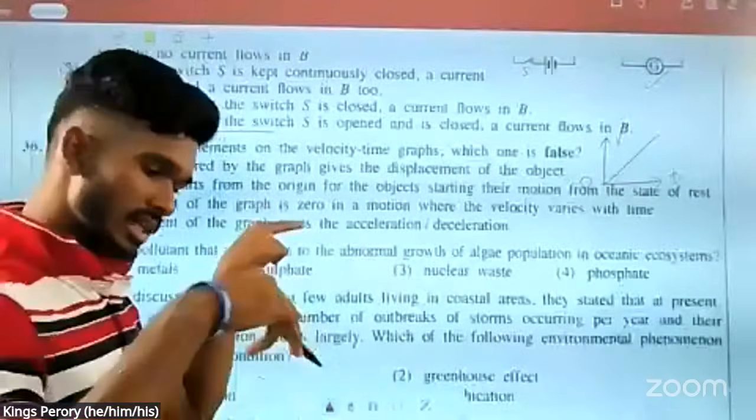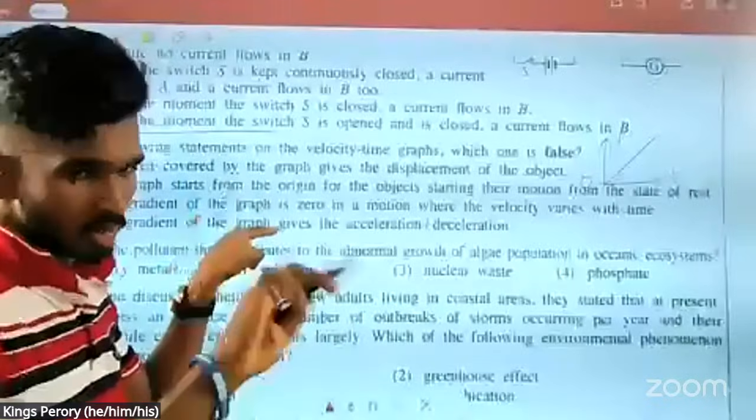They are asking the false statement. Gradient of the graph is 0 in a motion where velocity varies with time. When does the gradient become 0? When there is a constant velocity, right?